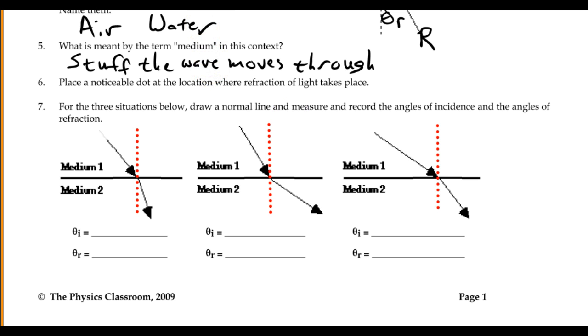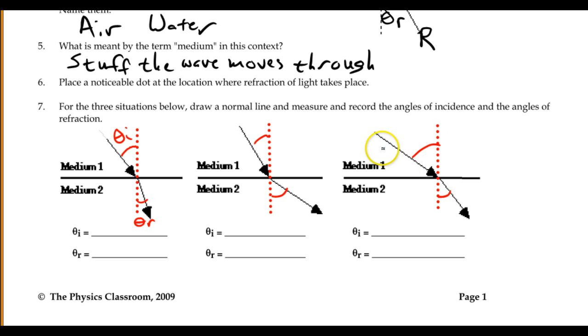Then you're going to want to measure the angles between the normal and the incident ray, that would be theta I, and then between the normal and the refracted ray, and that's going to be theta R. So theta I, theta R.